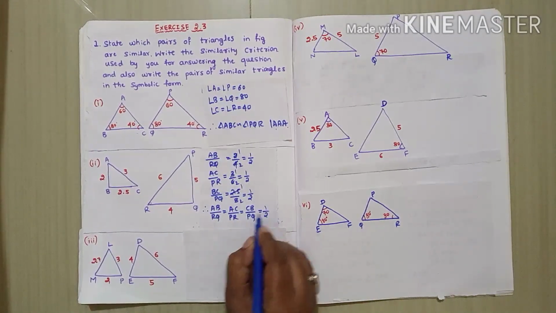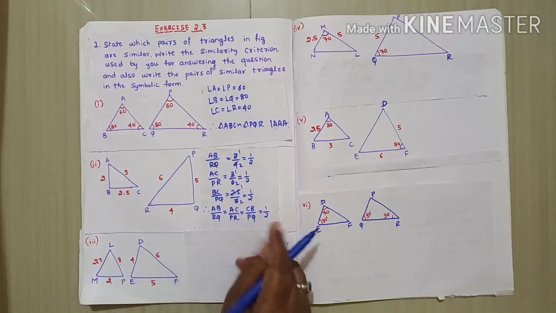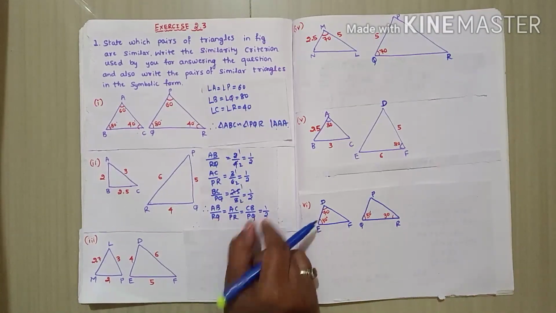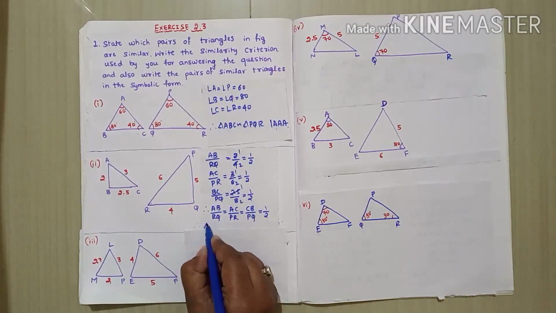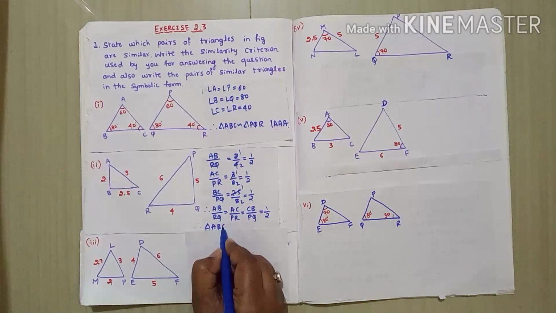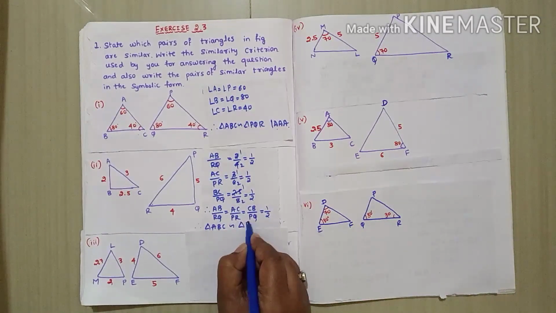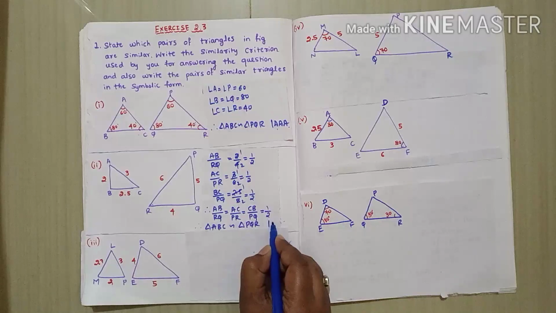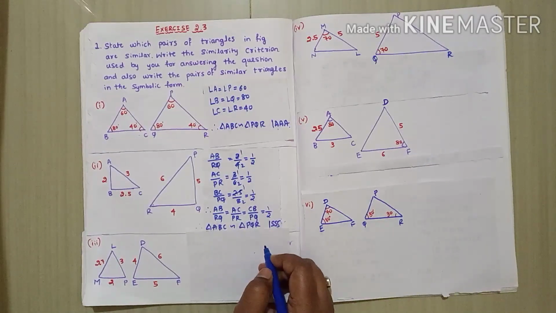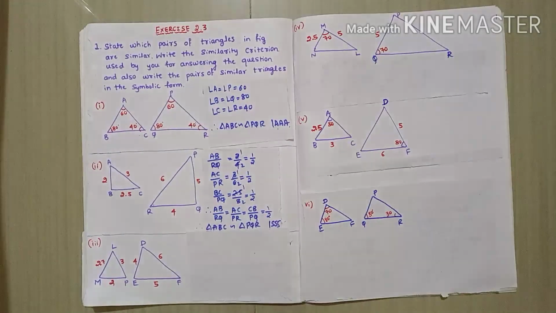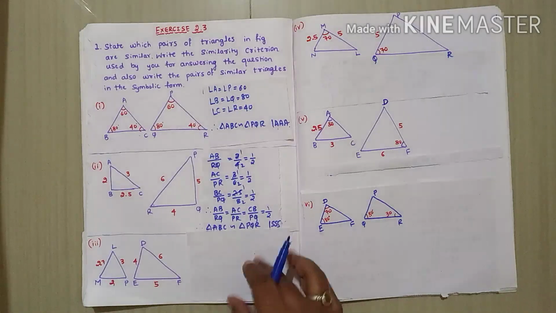Now by this same ratio we got, we can say triangle ABC is similar to triangle PQR by which criteria? SSS criteria. The second sum is based on the SSS criteria. Now we'll see the third sum.